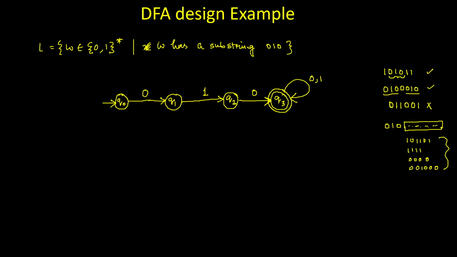And you see, before I get the first 0 of this substring 010, how many 1s will be encountered, I don't know. For example, a string can be something like 111010. How many times 1 occurs is not important for me.